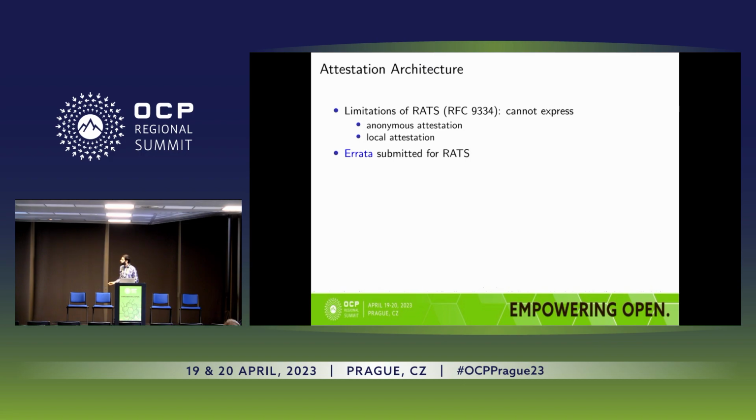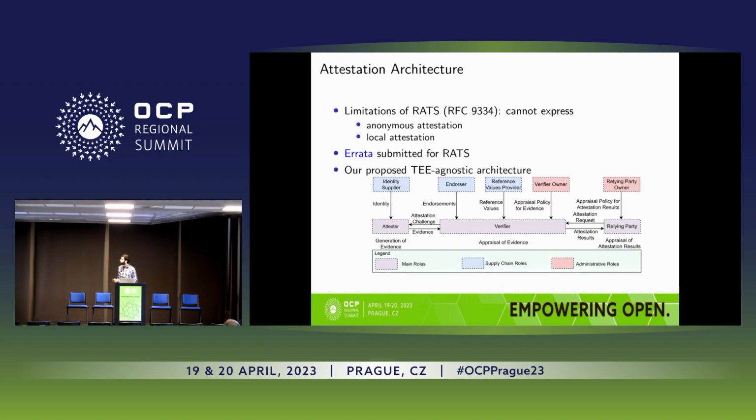And we have already done a thorough analysis of the standard and submitted an erratum to the RATS working group, and we are actively working with the working group to resolve these. And what we have come up with is our proposed architecture, which is TE-agnostic.